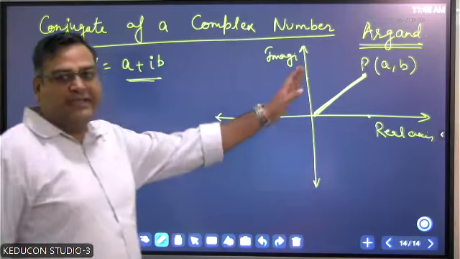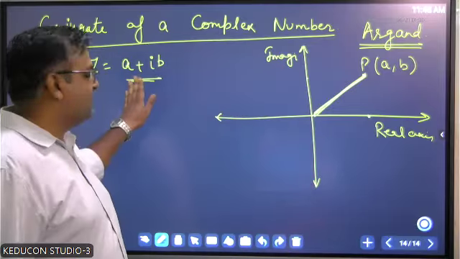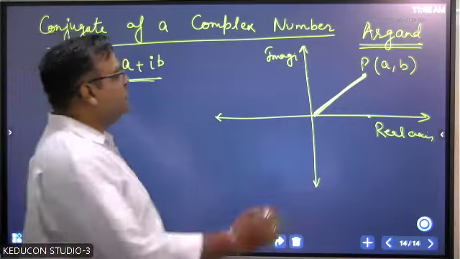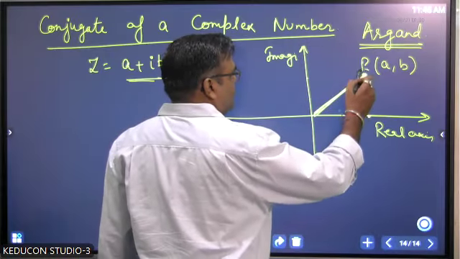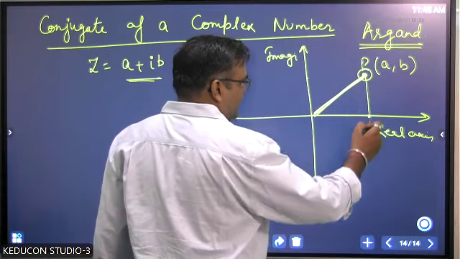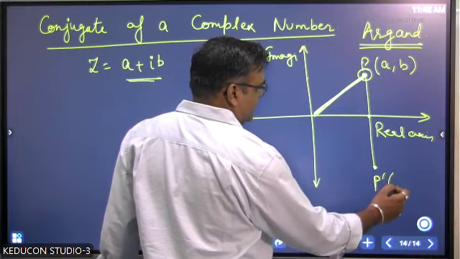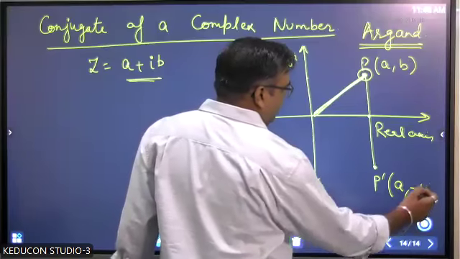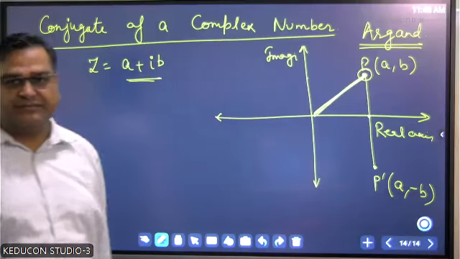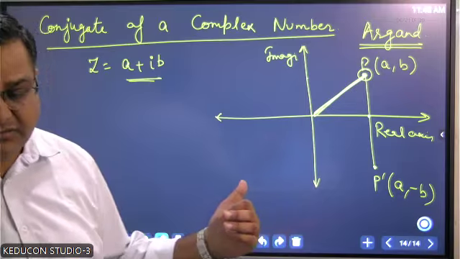When you have P as the point to represent Z, now if you take the image of this point P in the real axis, it will be here. The coordinate will be a comma minus b. Have you understood this, students?